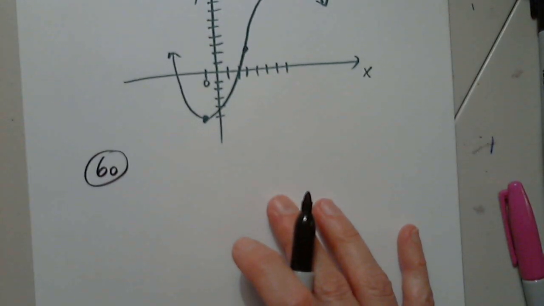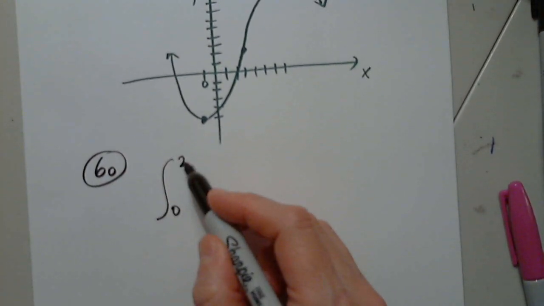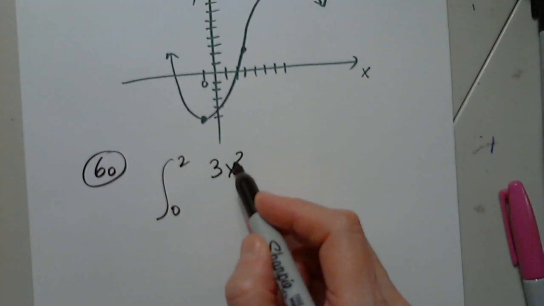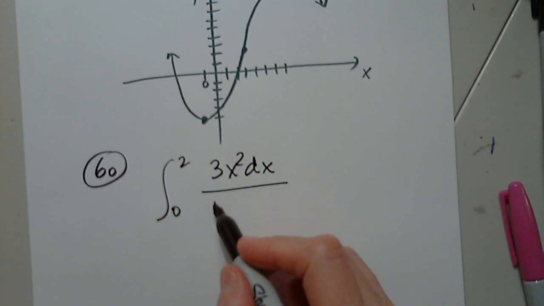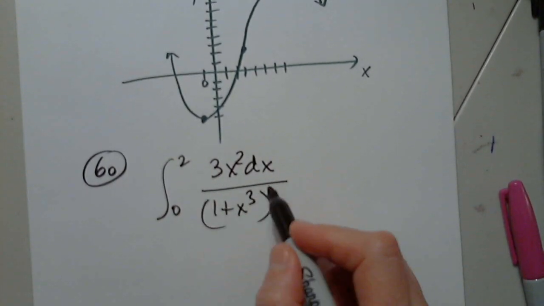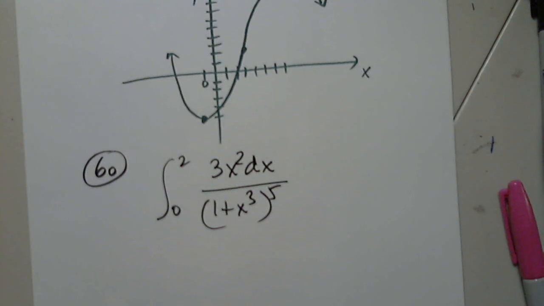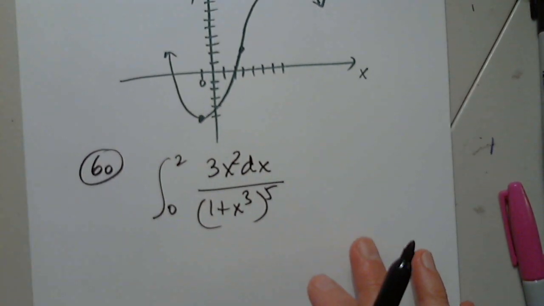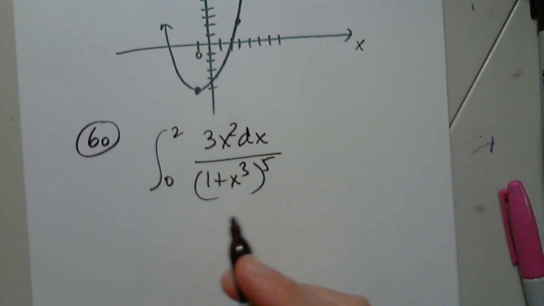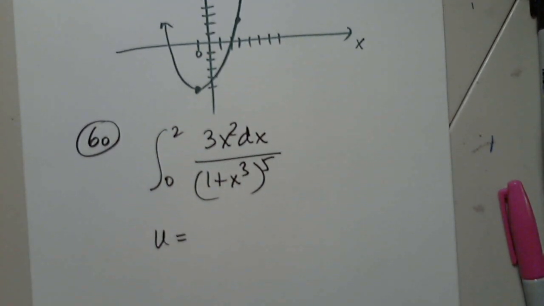Okay, very good. So the integral from 0 to 2 of 3x squared dx over (1 plus x cubed) to the 5th power. Perfect pick. Obviously we have to use a substitution. Can anyone suggest a substitution here? What would you try?